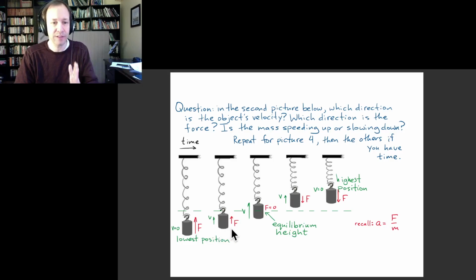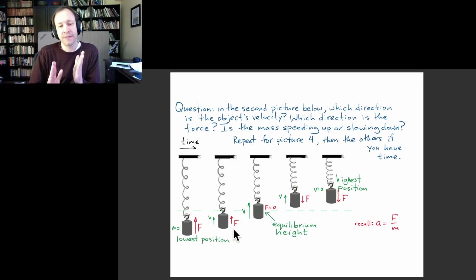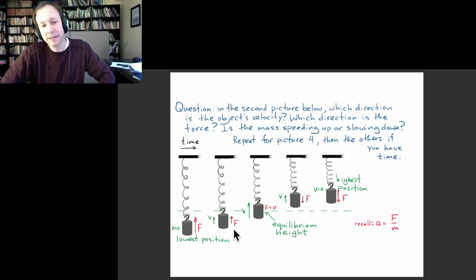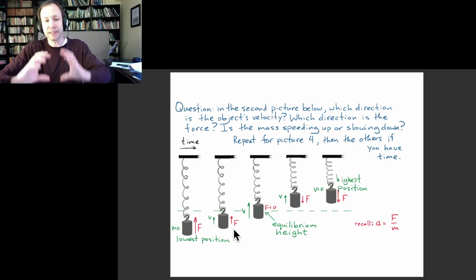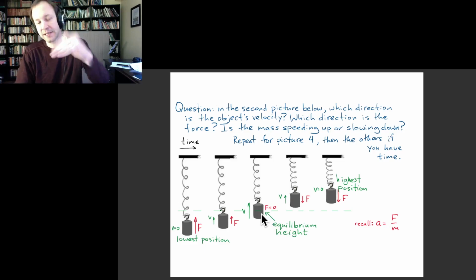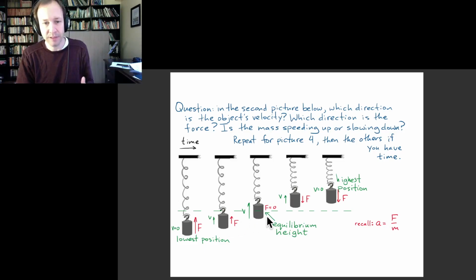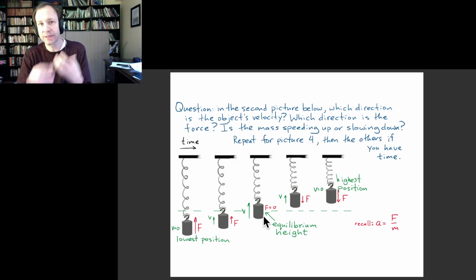This is picture 2. And the force, it's still upward because we're still below the equilibrium position. And so what that means is that the velocity is going to keep increasing. So this thing is going to be accelerating upward. And by the time it reaches the equilibrium height, it'll be going faster than it was in picture number 2. At that equilibrium height, now the forces are 0.